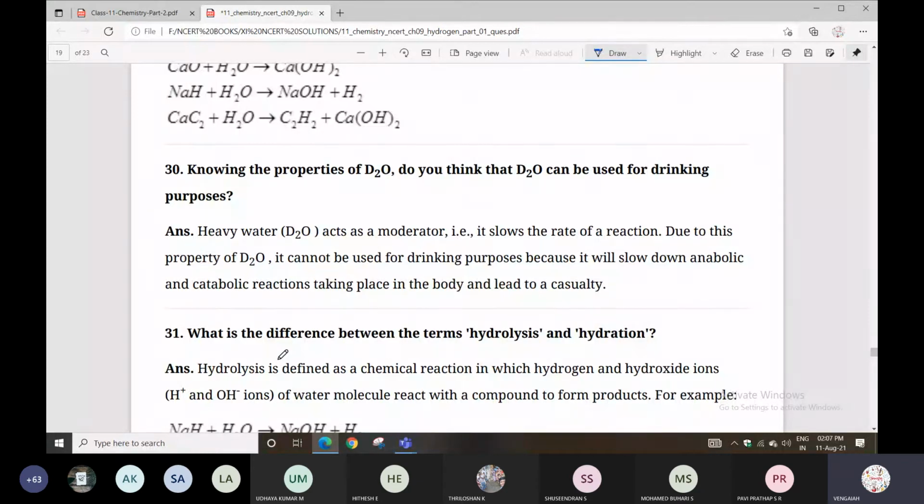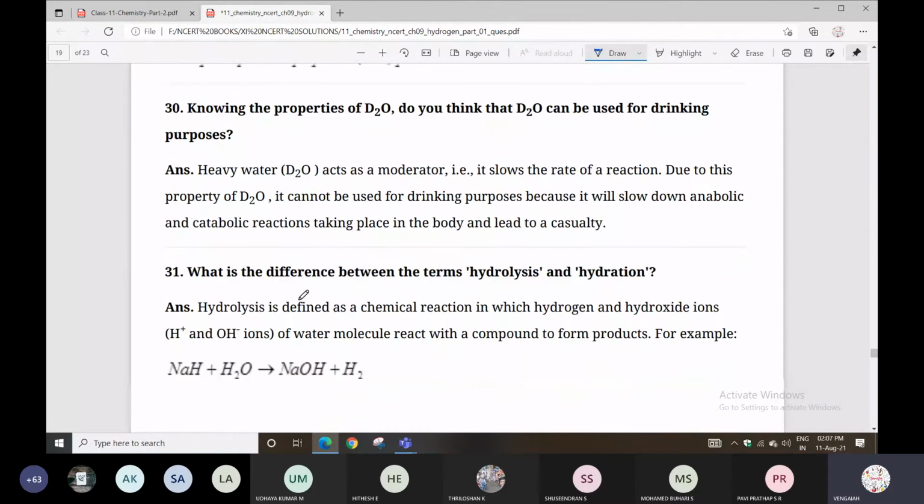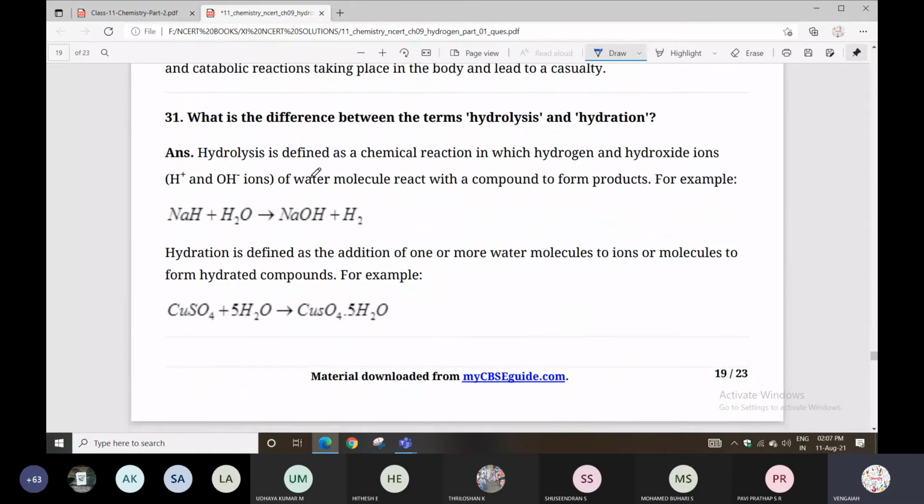What is the difference between hydrolysis and hydration? Hydrolysis is defined as a chemical reaction in which the hydrogen and hydroxide ions of water molecules react with a compound to form products.